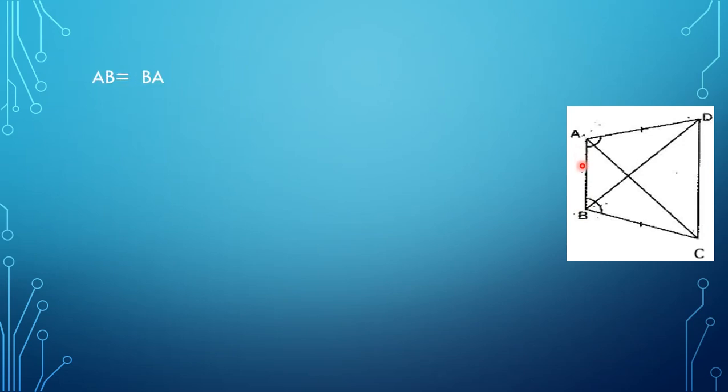Now we have three things: first, sides AD and BC are equal; second, angles A and B are equal; then AB is equal to BA, again this side.